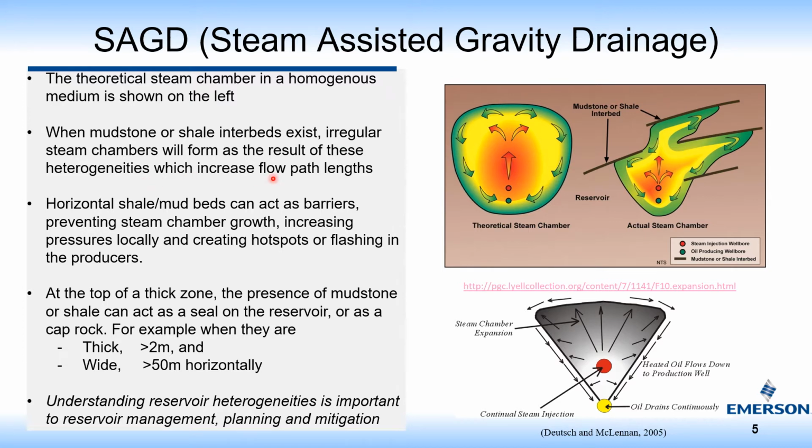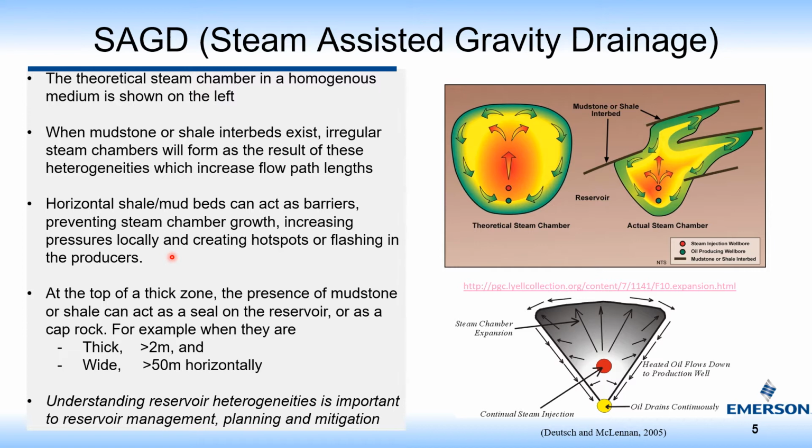This increases the flow path lengths, and that's shown here. So these mud beds can act as barriers, baffles, preventing steam chamber growth, and it can increase pressures locally, creating hot spots or flashing into the producers, which can inhibit the entire well or slot or even a pad at times, areas of pads.